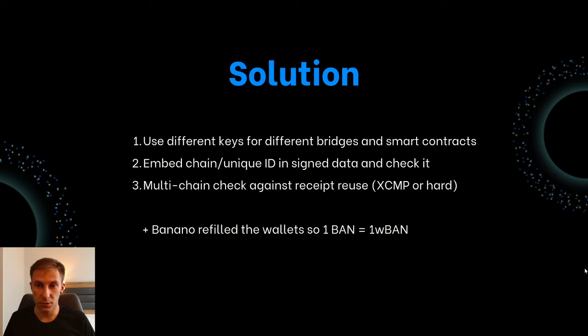If you are using a proxy smart contract, then you can upgrade or modify the implementation. The storage stays, but the implementation can be swapped. So that's what happened to Banano, and that's what they did to solve the issue.